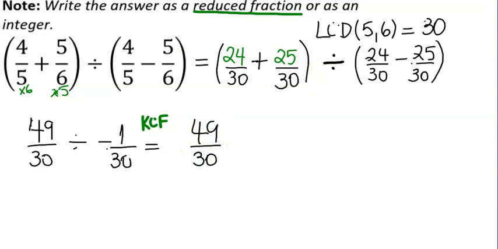I change to multiplication. And I flip. I get the reciprocal. The reciprocal is negative 30/1, right? I don't want to do this multiplication because it's a lot of work. But I see a 30 on the numerator and a 30 on the denominator, and they're multiplying. Then I can divide each other. Then I get 1 here and 1 here. Now my answer is what?